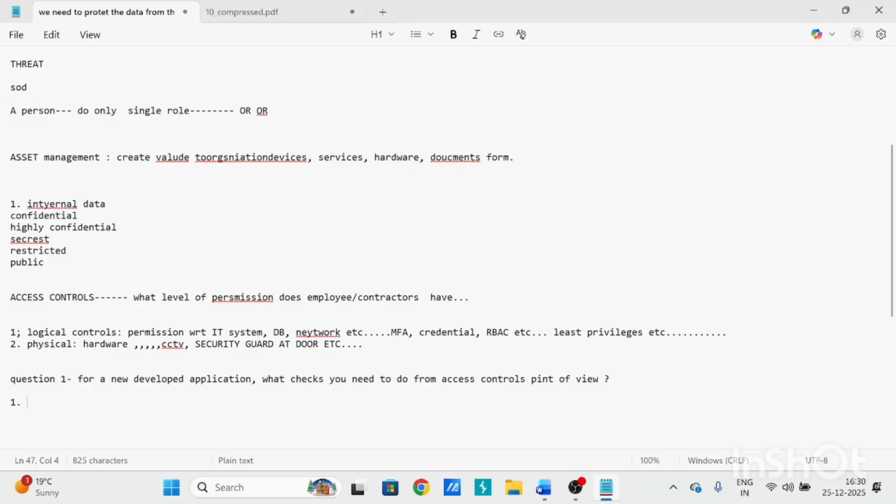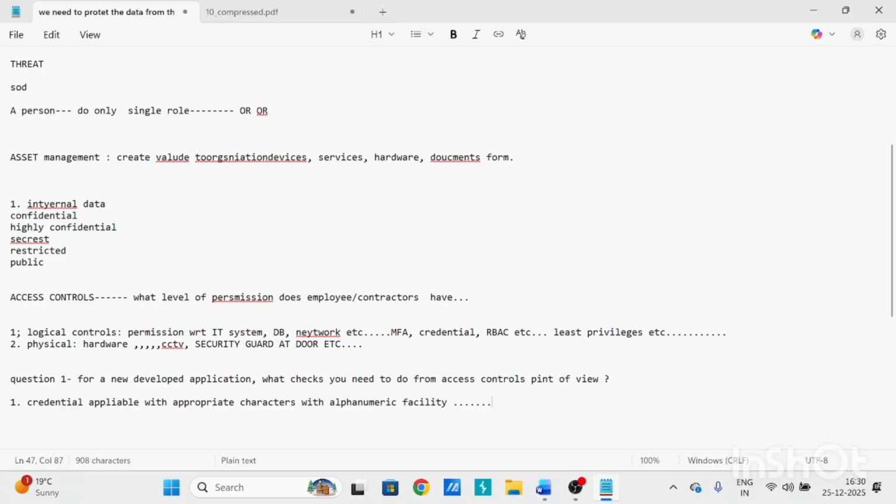If you have a newly developed application, a lot of things come into the picture, but from the access control point of view, start with this point: credentials with appropriate characters and alphanumeric facility.